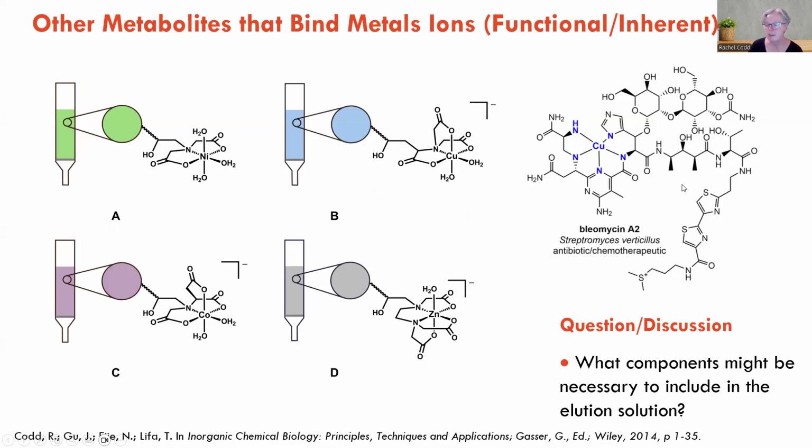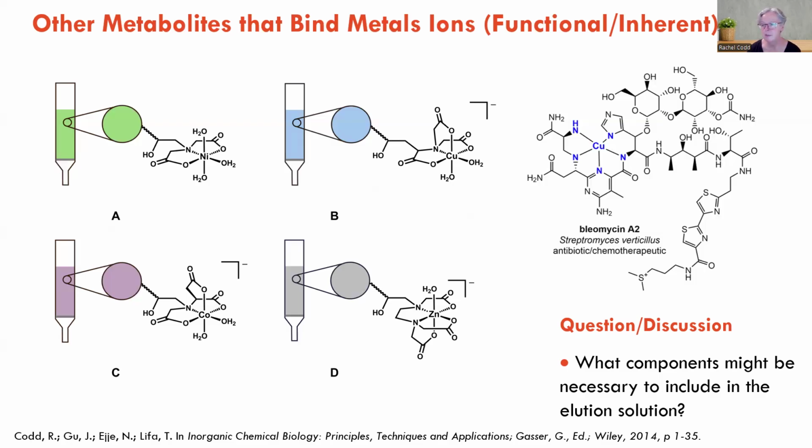Interestingly, when Streptomyces verticillus produces this compound, so it turns on the biosynthetic genes and undertakes the biosynthesis of this compound, the purpose in terms of the bacterium itself is that it produces it as an antibiotic.